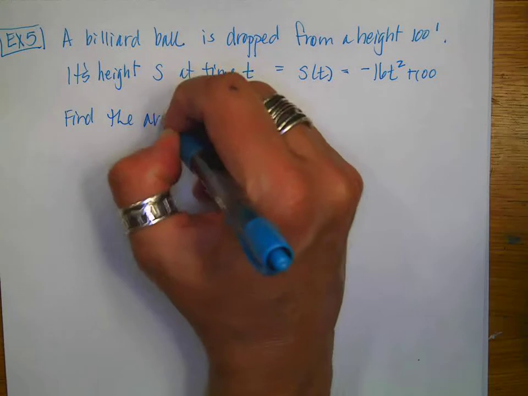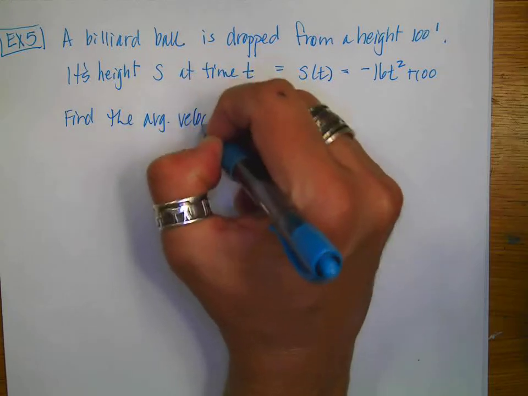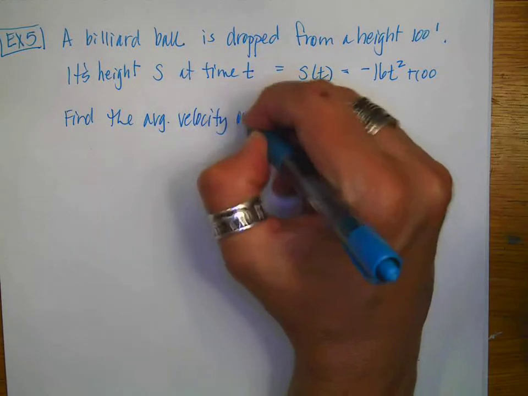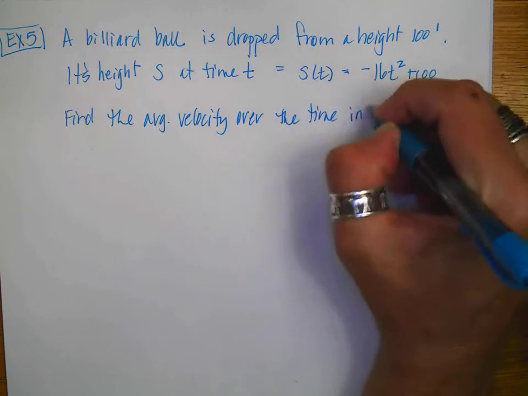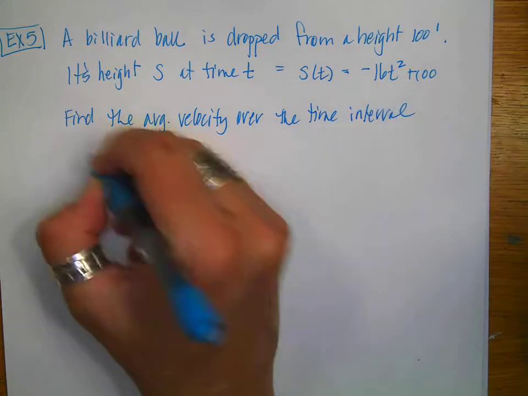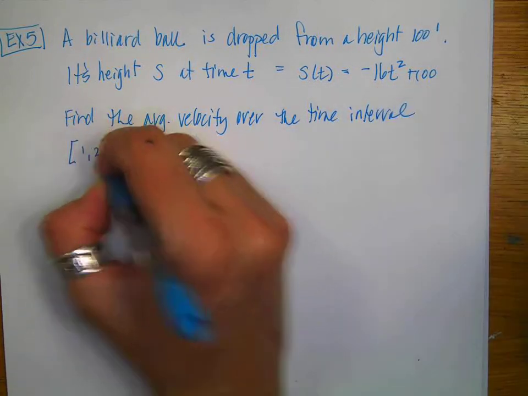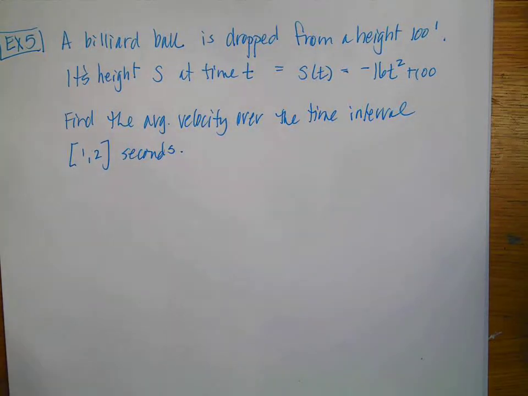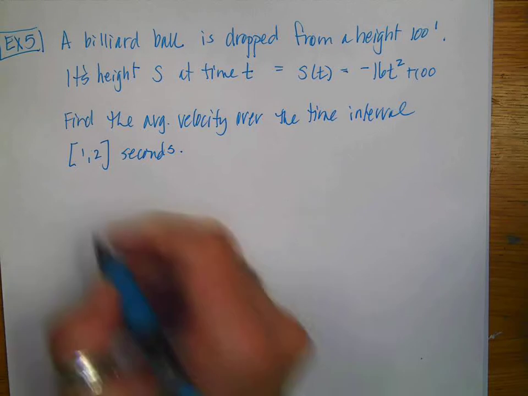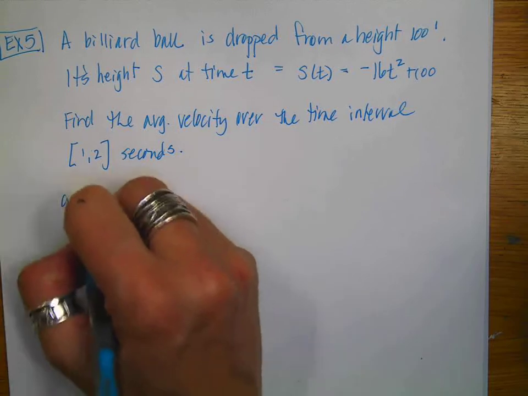And it says find the average velocity over the time interval 1 to 2 seconds. So we want to know what the change in position of the ball is going to be over this period of time.